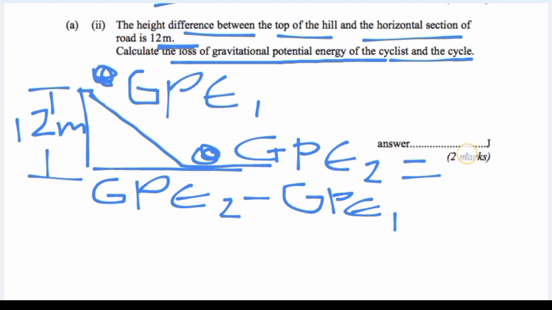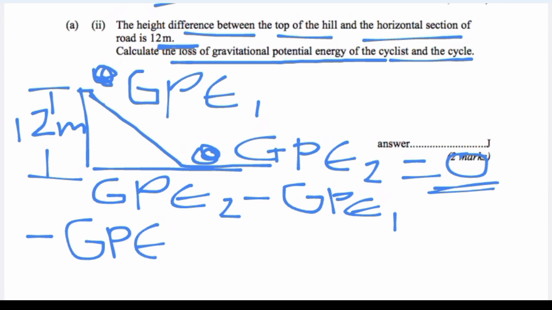So as we know, gravitational potential energy 2 is 0, because the height of the cyclist is 0 when he reaches the horizontal section of the road. So negative GPE1 is equal to, as we know the formula of gravitational potential energy, mgh, right?